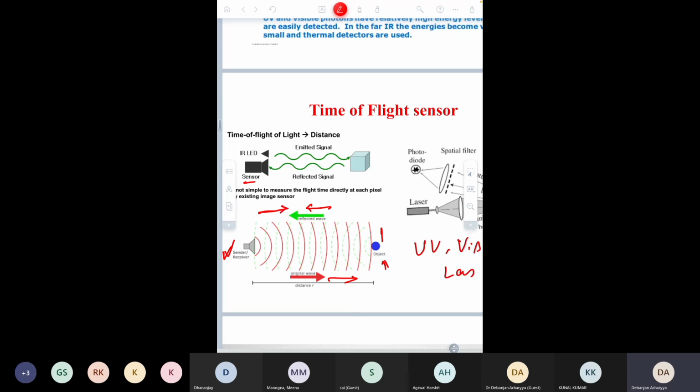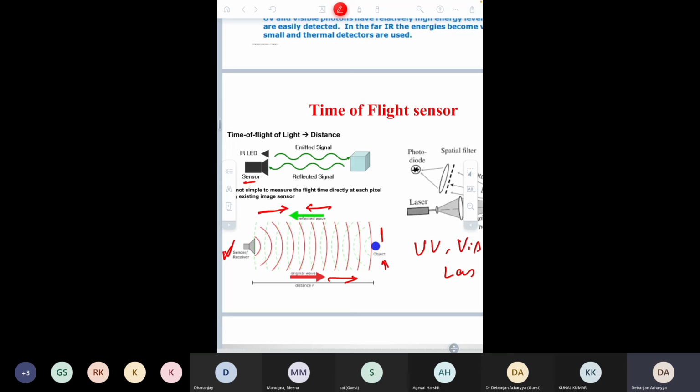That radiation, and the relation between the original wave and the reflected wave, will tell you whether the object is present or not, what kind of object it is, what the angle is, and different other things you can calibrate.